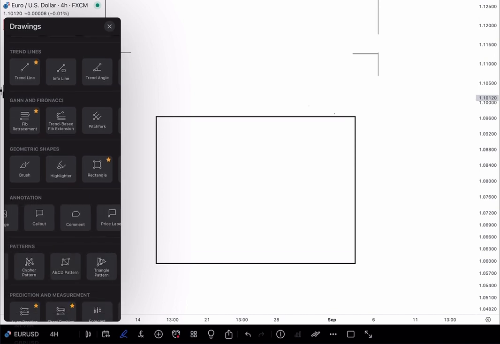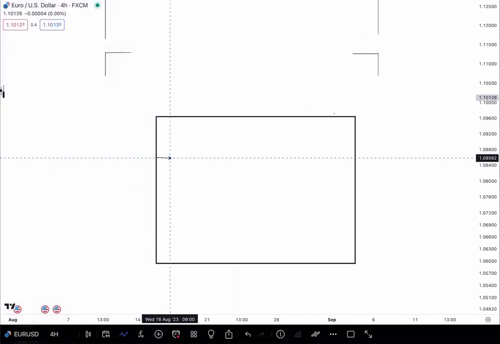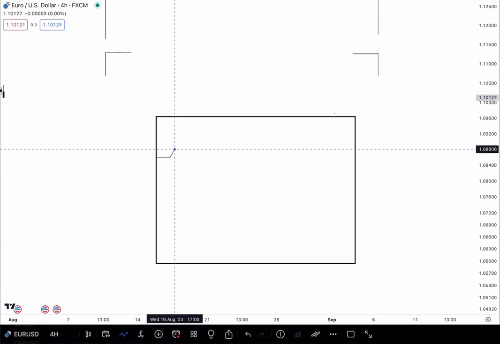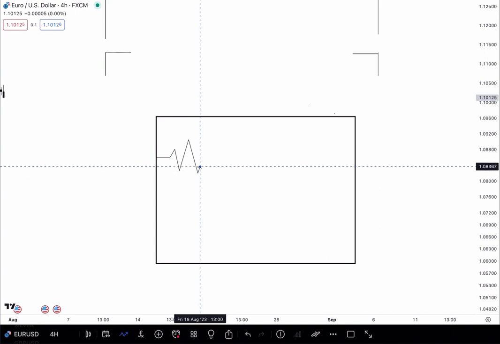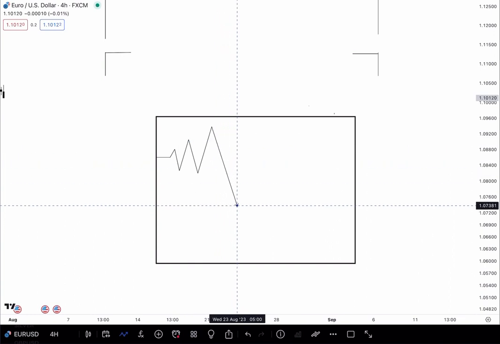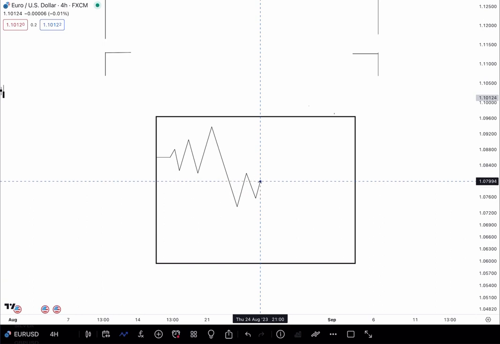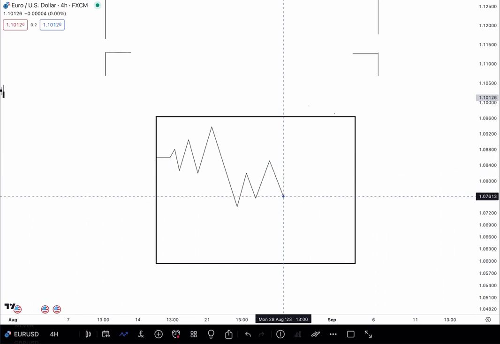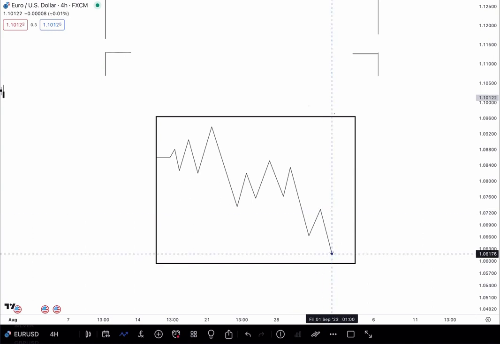Visualizing that is as follows. You got the opening range, remember? A high, breakdown, OTE, and low.